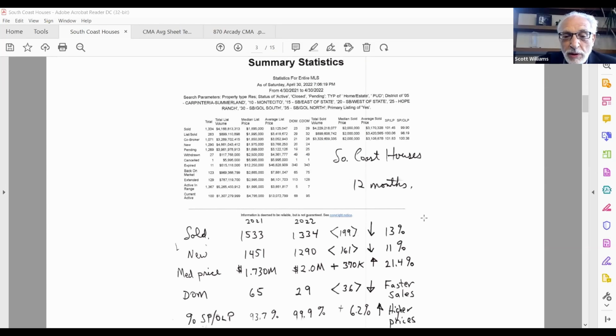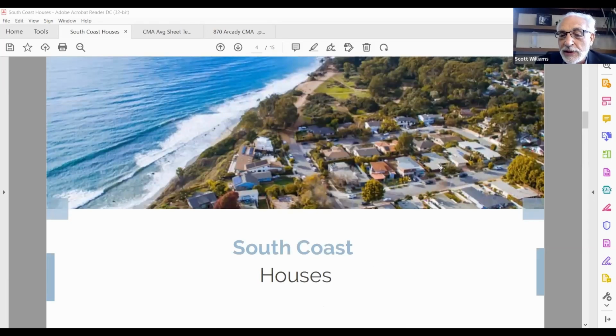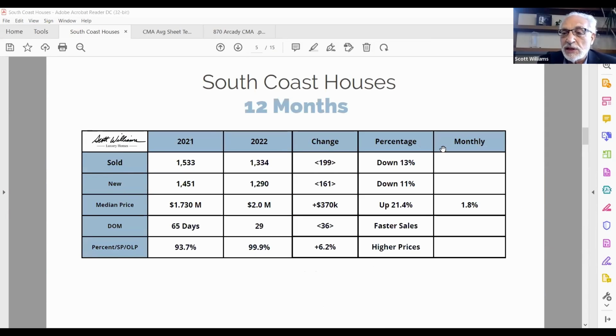Thanks to my assistant, Jasmine, we're going to start by taking a look at South Coast houses, and here are the statistics in a nice printed format to make it easier for you to see. You can see here this is the 12 months. We start with 12 months, and then we move to smaller increments of time because we want to see how the marketplace is doing over time.